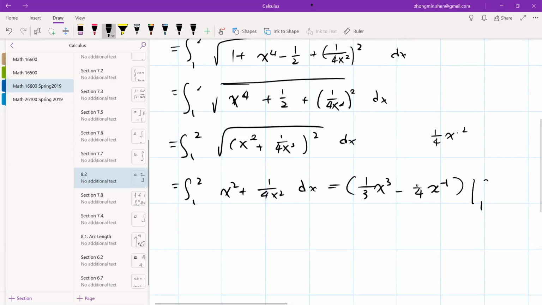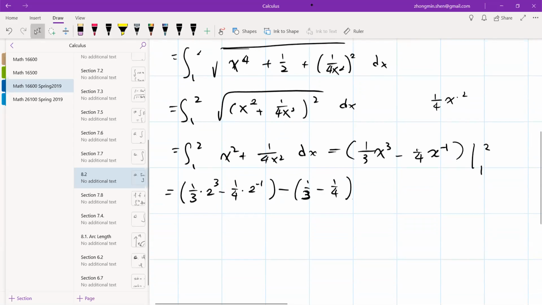So evaluate at the endpoints. It's 2 cubed over 3 minus a quarter times 2 to the negative 1, minus 1/3 minus a quarter. That is the answer to the problem.